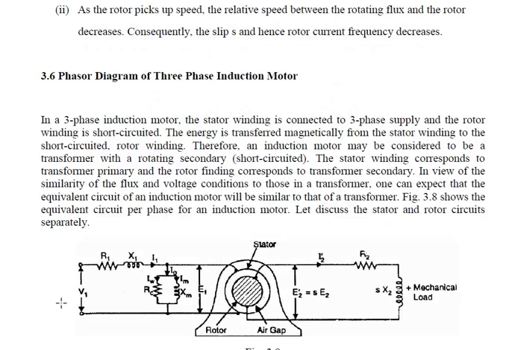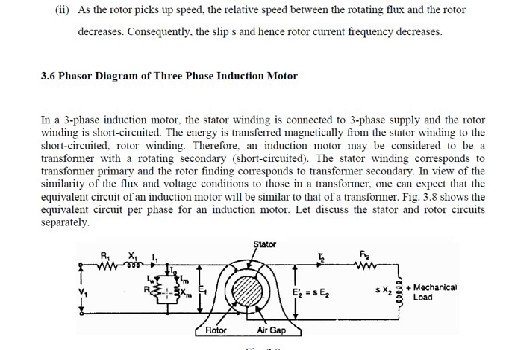So now consider this figure. This is V1, the applied voltage, R1 the stator resistance, X1 the stator reactance, and this is I1, the stator current, which will be divided into I0, and I0 is further divided into IW and IM.